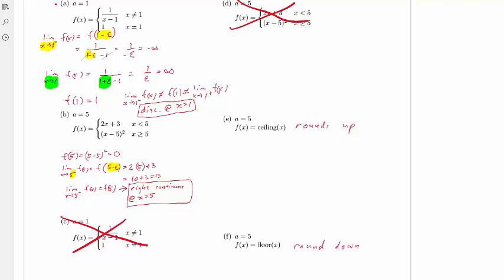So we want to know what's going on at 5. Are we left continuous or right continuous? We can already see, based off of the graph, that it's not going to be two-sided continuity. It's going to be either left or right.